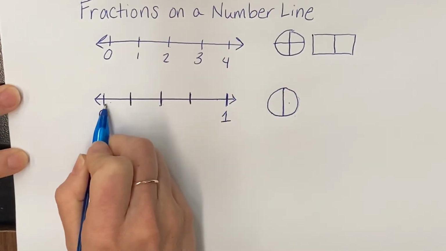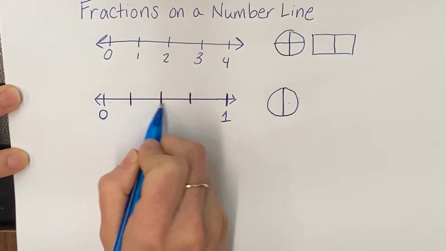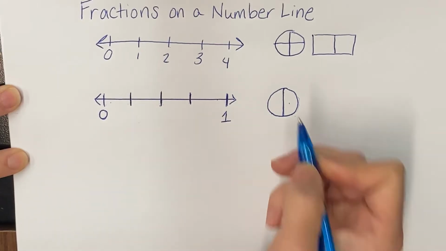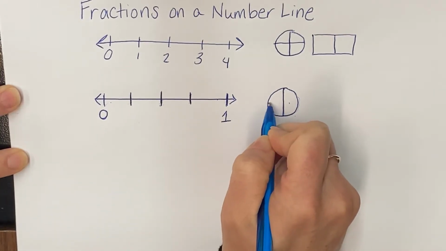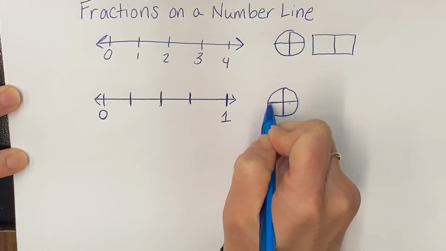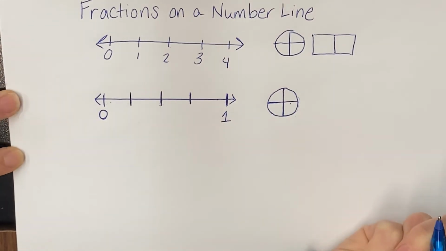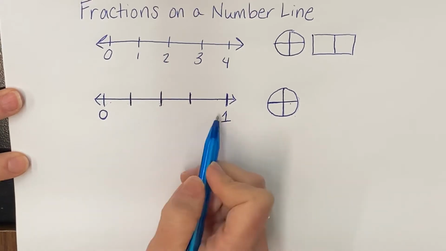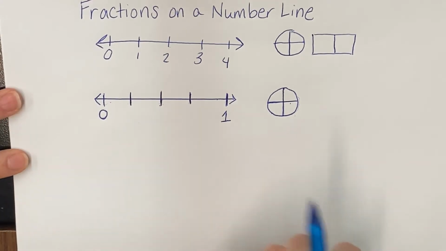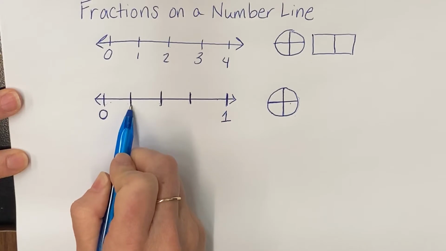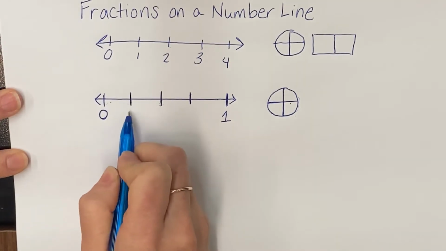So now I have 1, 2, 3, 4 equal pieces, and we're going to compare it to the circle, and it would look like this on a circle. 4 equal pieces.